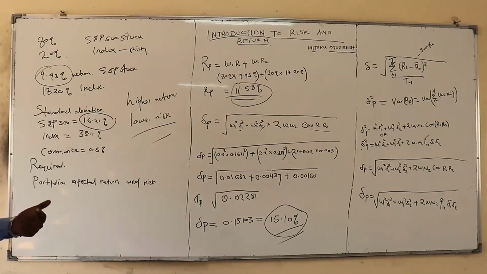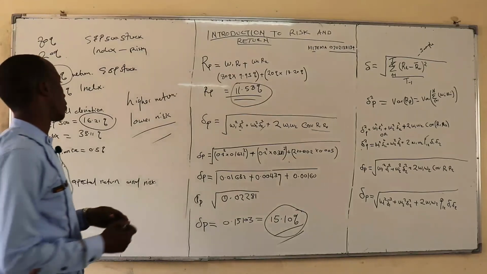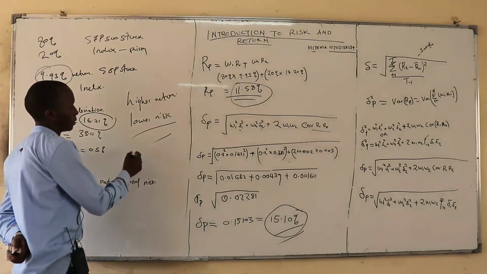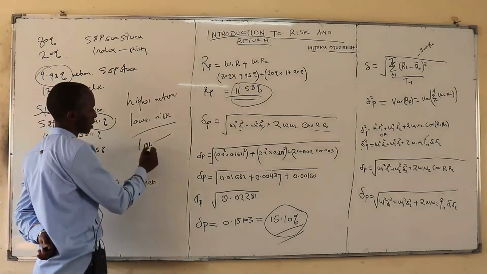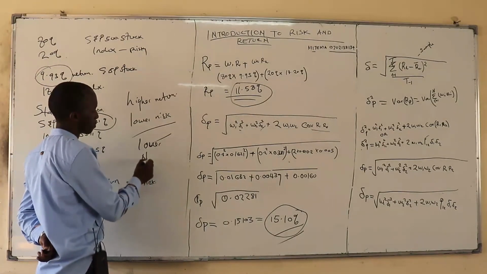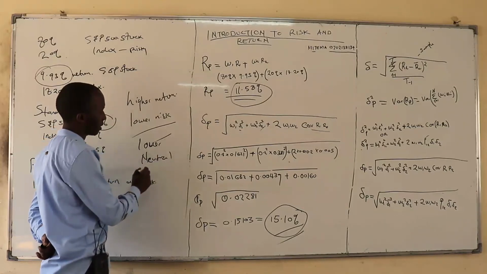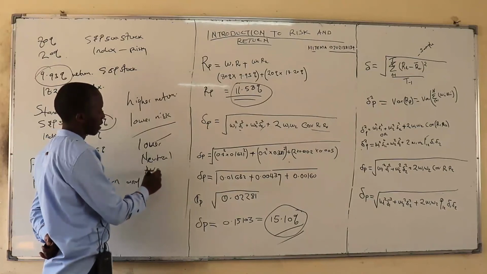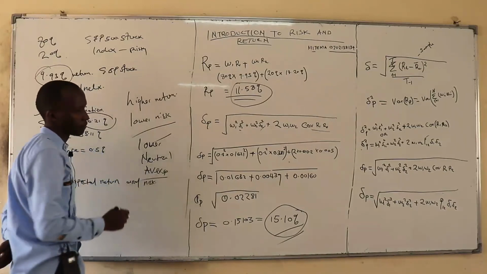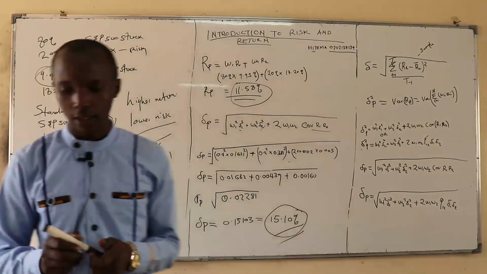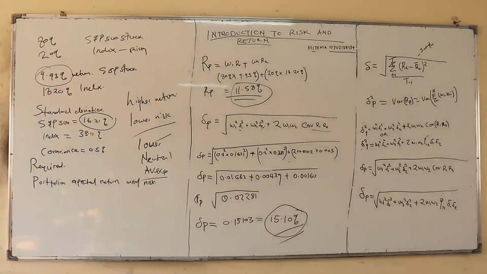Another person, in terms of risk, is what we call risk averse, a person who would always avoid risk at all cost. So we have a risk lover, a neutral investor, and a risk averse person, in our next lecture. Thank you very much.